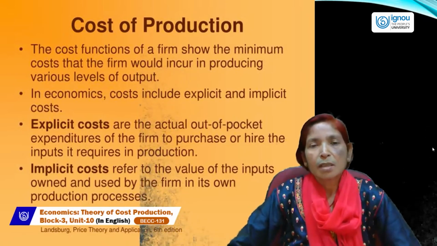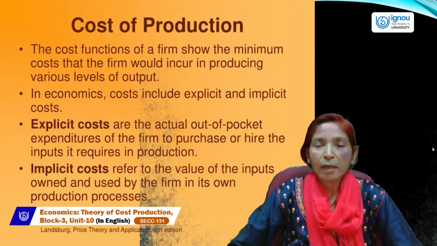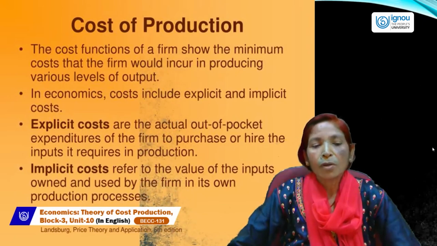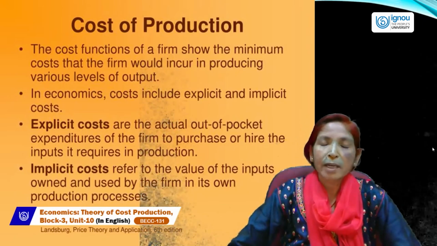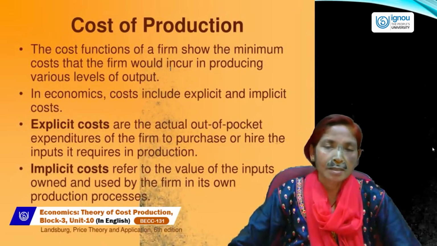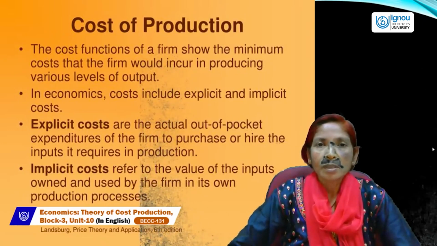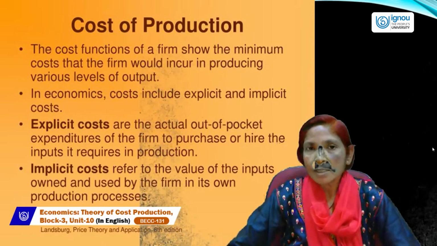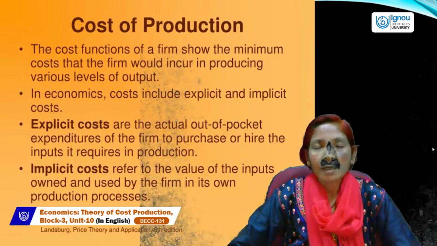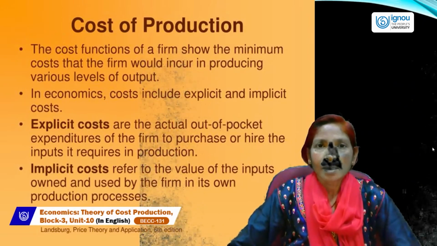And we must pay the direct amount after hiring their services. Implicit cost is known as indirect cost. Indirect cost refers to the value of inputs owned and used by the firm in its own production processes. For example, if a producer uses his own land for the production of goods and services, he will not pay rent directly to himself or herself.